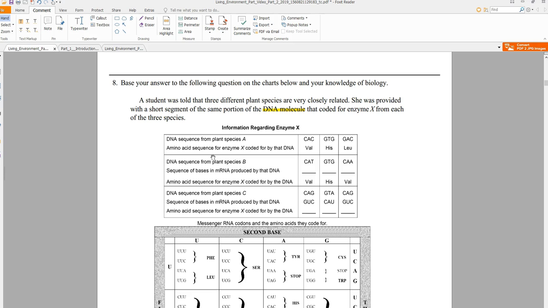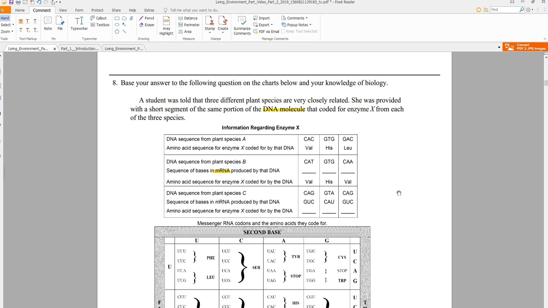So let me just break things down for you. Protein synthesis starts off in the nucleus. The DNA cannot leave the nucleus, so it has to make a copy of itself called messenger RNA. Messenger RNA does not have a T. Let me take it back.